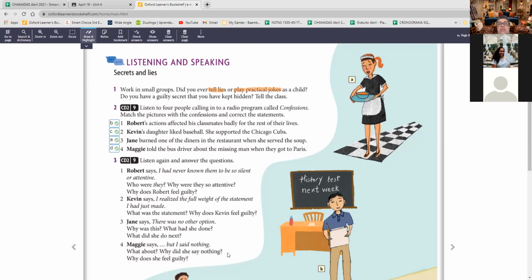And then you decide to play a practical joke. You ask, for example, your father or your husband to dress up like a ghost. And suddenly, you create the situation.